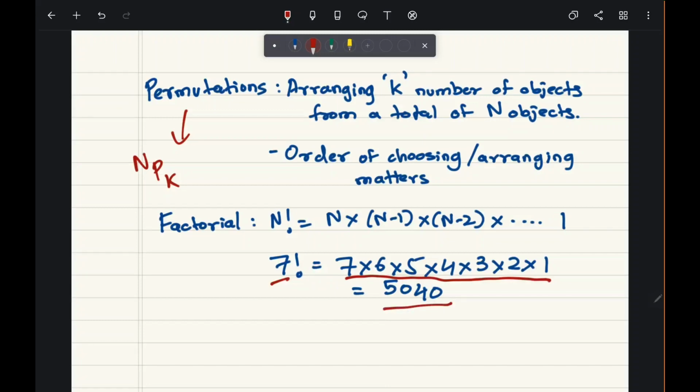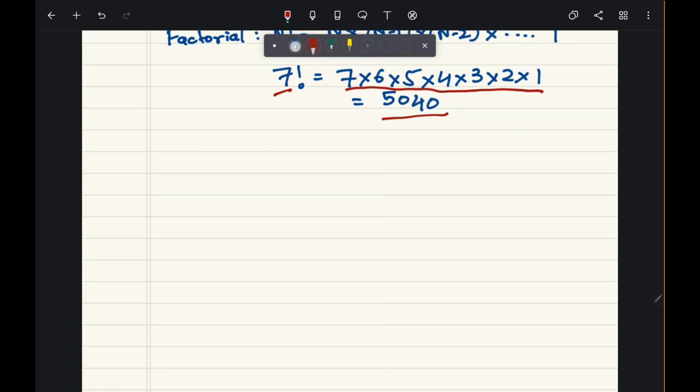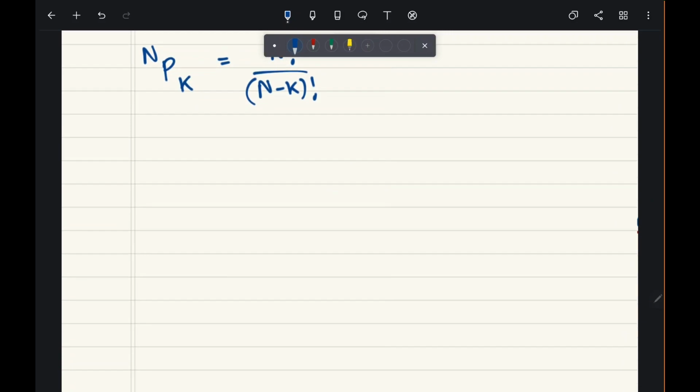So mathematically, let's say you have n objects and you want to arrange k objects out of them. This would be equal to n factorial divided by (n minus k) factorial, and that doesn't make sense if you look at it that way, but how to understand this?